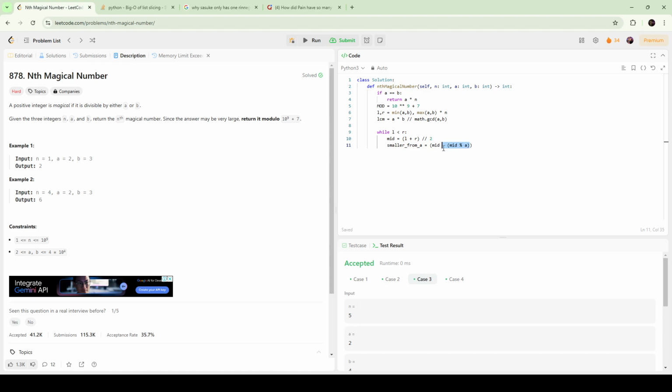We find the modulo of mid and A, and then subtract it from mid, and then we get a point in between where we can safely divide by A. Okay, so smaller from B is going to be mid minus mid mod B, divided by B. And then now we need to find the upper bound, which could be equal to the min of the smaller points of these two, right?